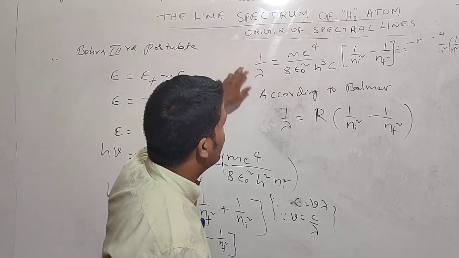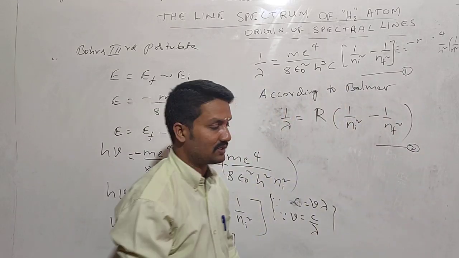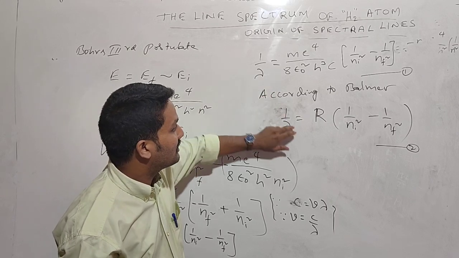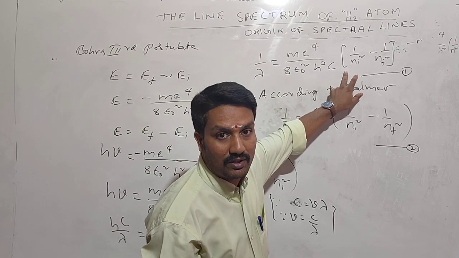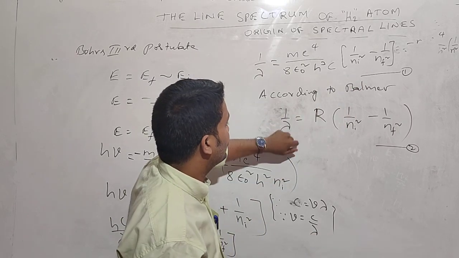So now you compare. Let us suppose this one is the first expression and this one is the second expression. This second expression is called the Balmer formula. The first expression is called Bohr's formula. Are both equal or not? We just have to compare. Now we compare both of them.